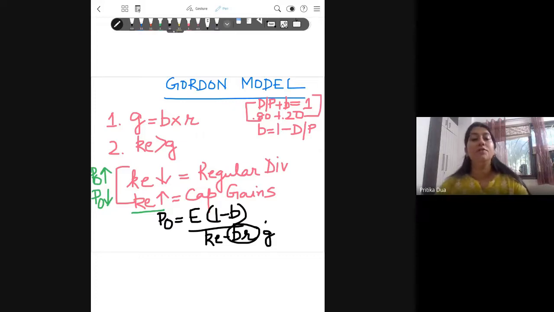So again, if cost of equity is higher than the return on investment, then this is the case of a declining firm, better to distribute dividends. If the return on investment is higher than the cost of equity, it is a growth firm, better to retain earnings.